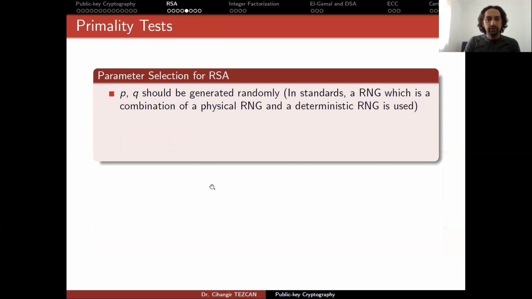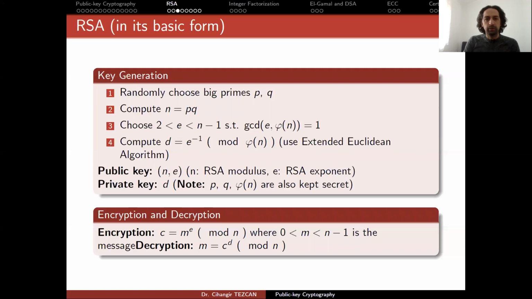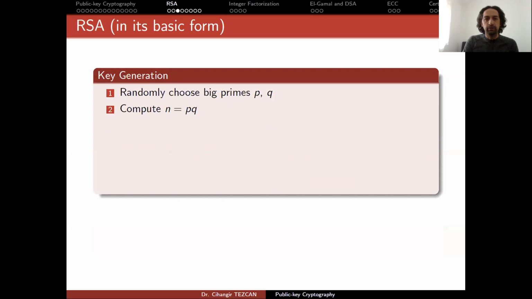Okay, so let's talk a little bit about primality tests. We said that p and q should be generated randomly. Actually, part of the security depends on this. We said that initially you need to choose big random primes.